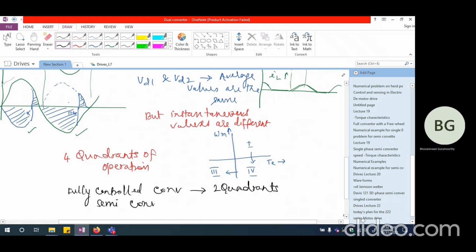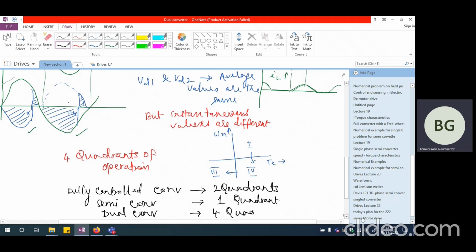A semi-converter gives one quadrant of operation, which is only forward motoring, whereas a dual converter will be able to offer all four quadrants of operation as far as the separately excited DC motor is concerned. It is true for both the three-phase case as well as the single-phase case.